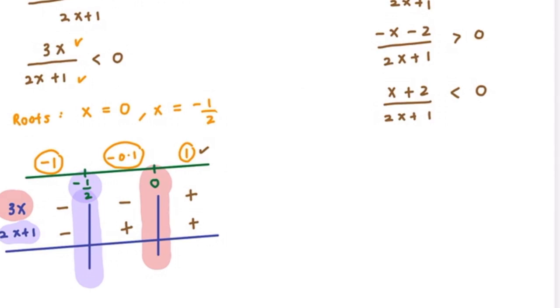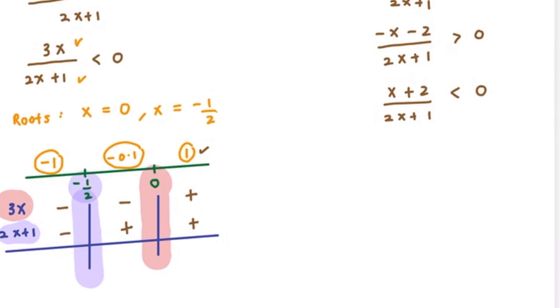From this root 0, all values at your right hand side from this ruler are all positive. So all the column will be positive. But for your left hand side, all will be negative. Okay. That's how you put the sign, positive or negative, into the sign table using the shortcut method.